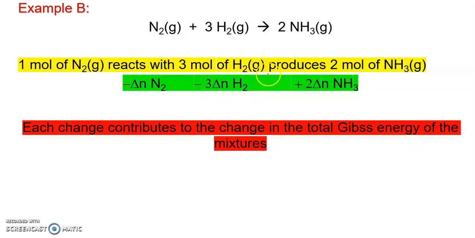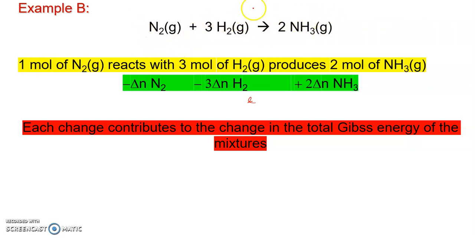So what happened here is, according to our chemical reaction, 1 mole of nitrogen gas will react with 3 mole of hydrogen gas, and it will produce 2 mole of ammonia.